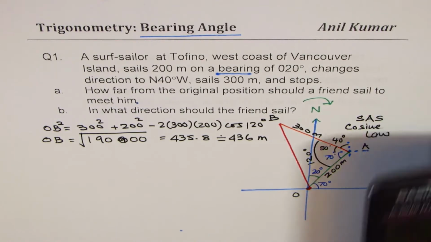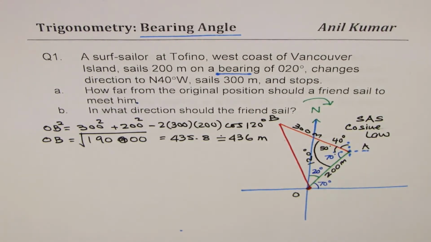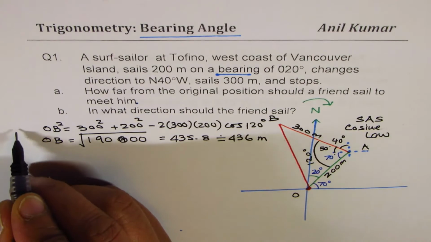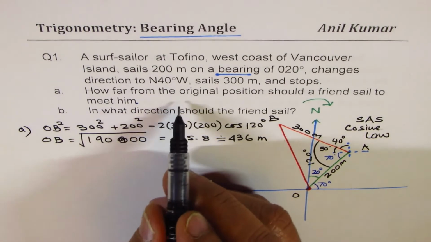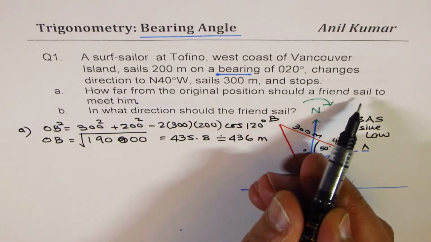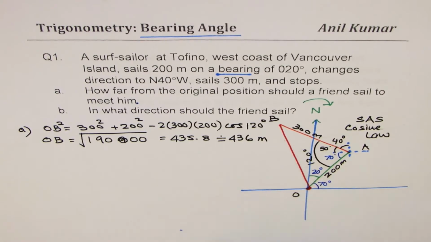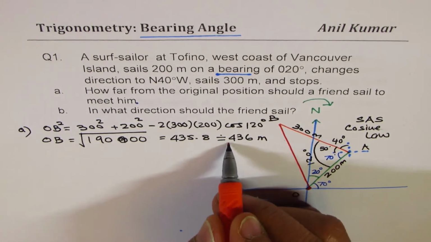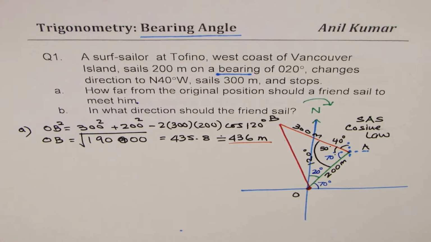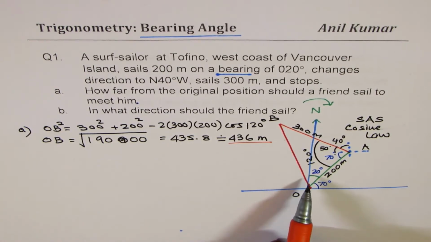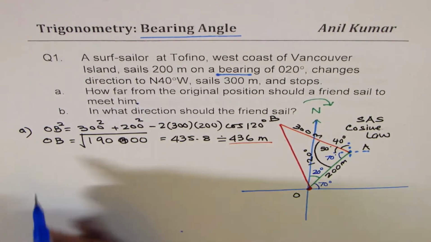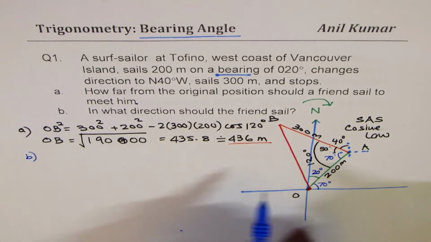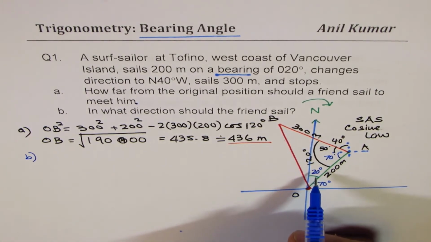Perfect. So that is how you get part A, which is how far from the original position should a friend sail. So the friend should sail 436 meters. Now the second part is to find the angle, right? So part B, to find the angle, we have to use the sine law.